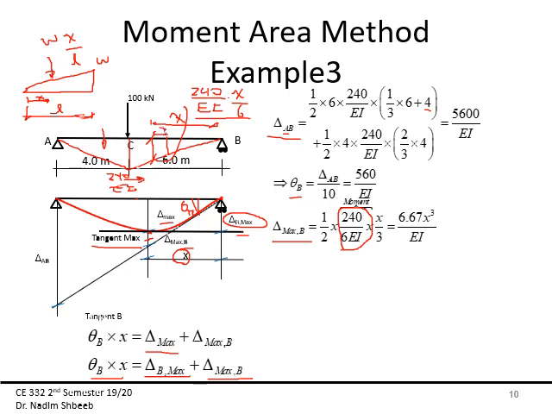So delta max B is going to be 1/2 times x times 240x over 6EI times x over 3. I'm going to get 6.67 x cubed over EI.